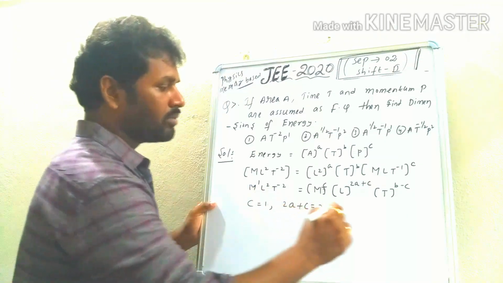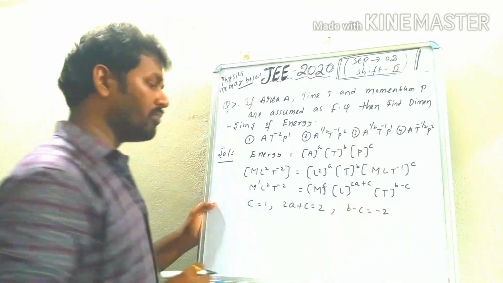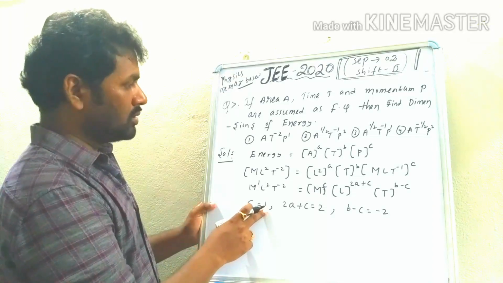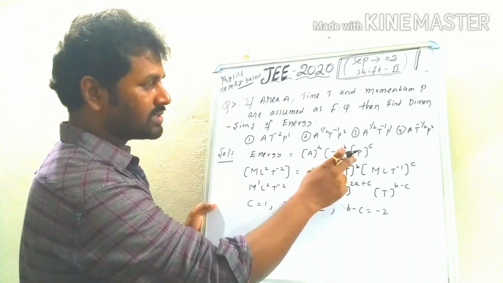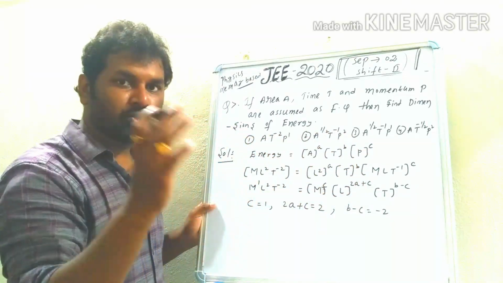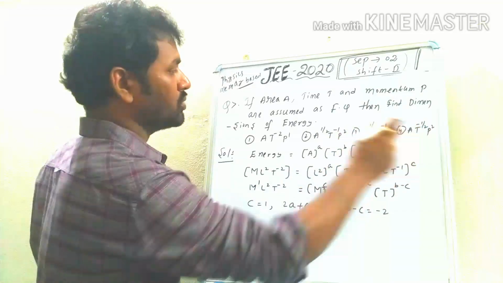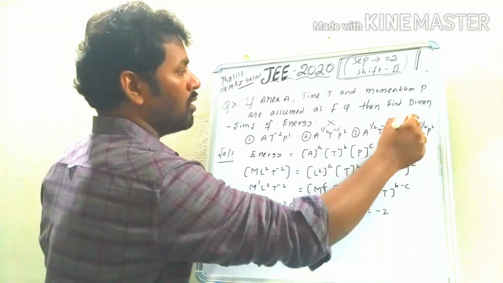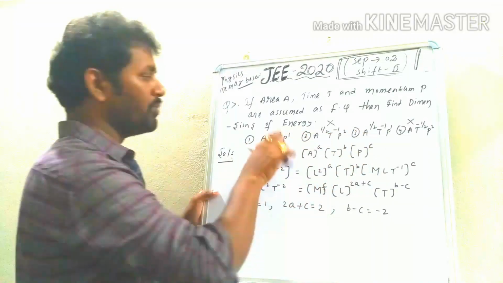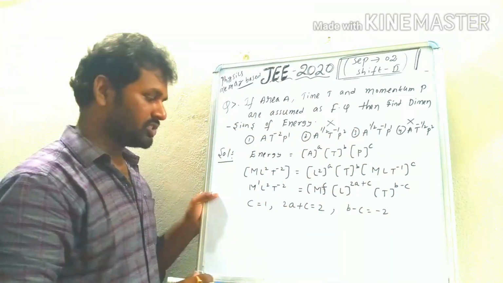And the power of time is b minus c is equal to minus 2. You see here, c you got 1. So momentum to the power of c means P should have a power 1. Here it is 2, here it is 2, so we can eliminate options 2 and 4. But in options 1 and 3 we have got P power 1. So we need to find one more coefficient here.